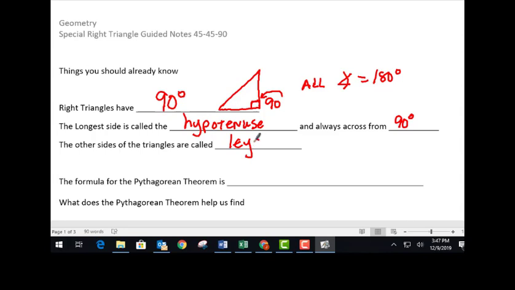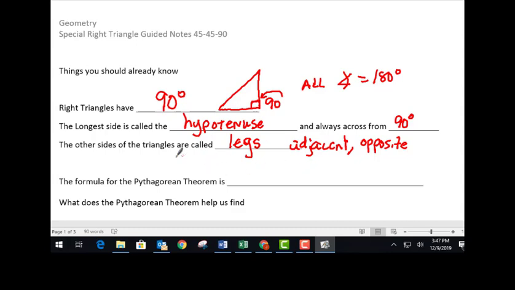In the legs, we have one that's considered the adjacent leg, and we also have one that can be considered the opposite leg. So we have the hypotenuse, an adjacent leg, and an opposite leg.